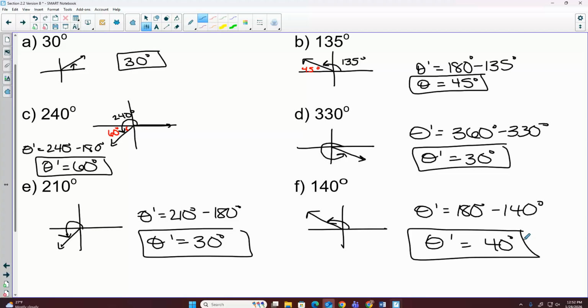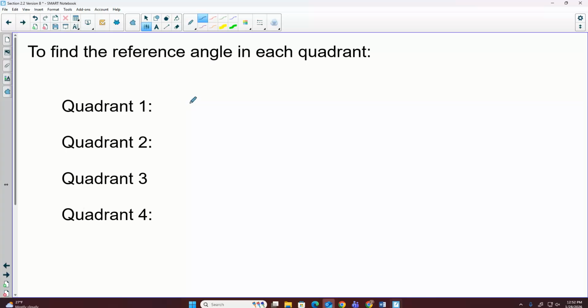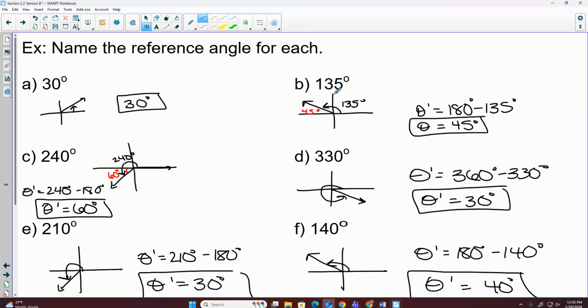So if we wanted to generalize this, what am I doing each time? It really depends on the quadrant. When we were in quadrant 1, did we have to do anything? No. So in quadrant 1, the reference angle is equal to your regular angle. In quadrant 2, that was when we had the 135, the 140. What was I doing? Subtract from 180.